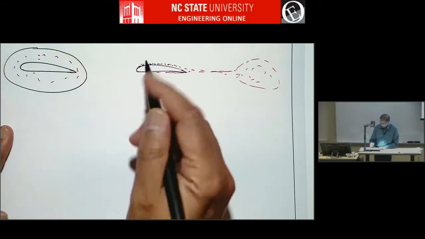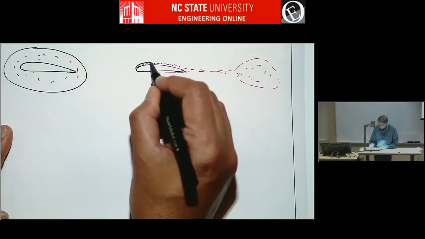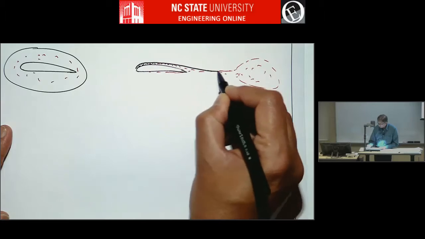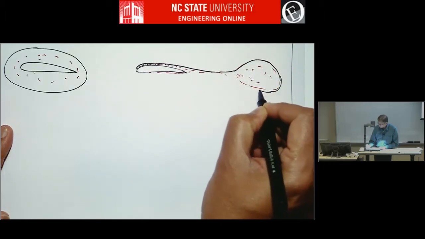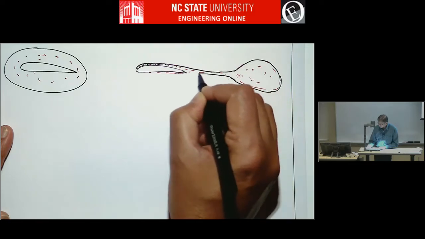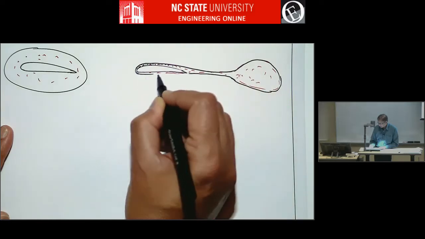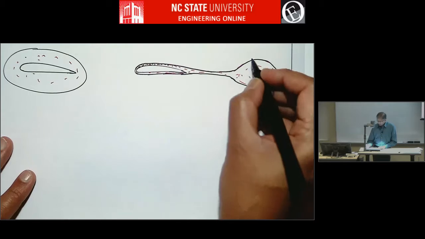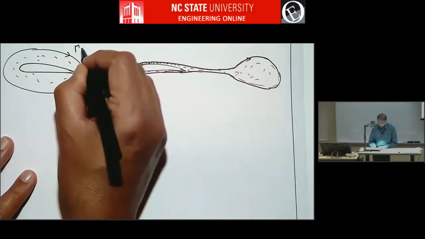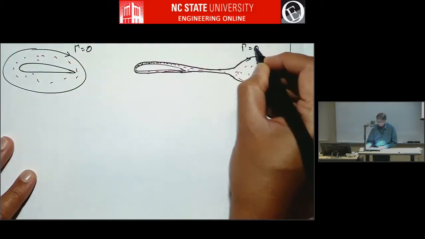So if you take a contour to satisfy Kelvin's theorem, you have to take a contour like this. I'm just drawing a sketch. If you take a contour like this, this contour will still have circulation equal 0. So it satisfies Kelvin's theorem.